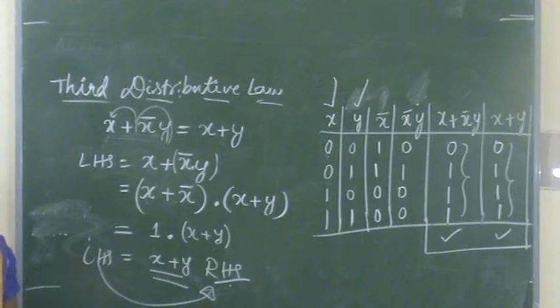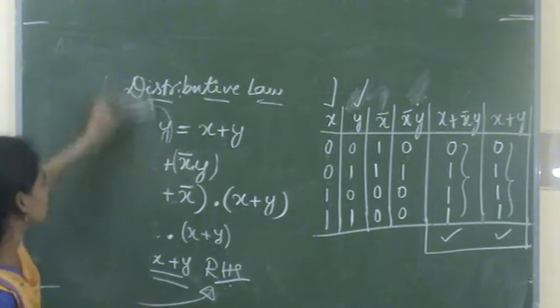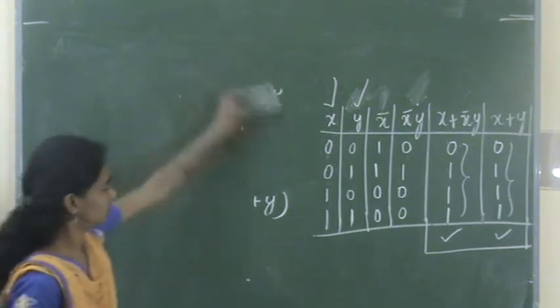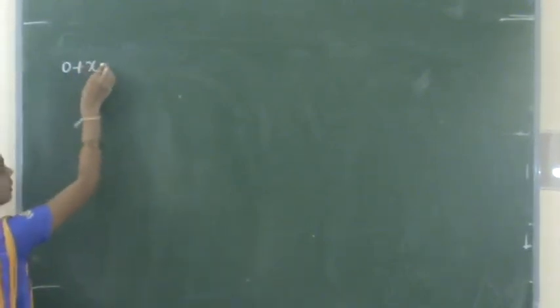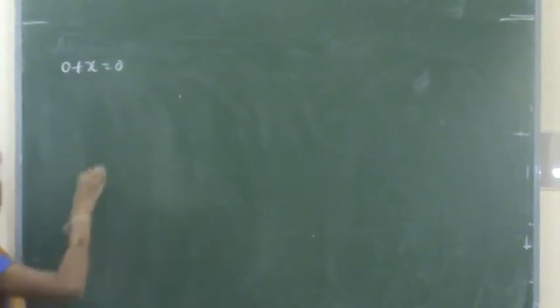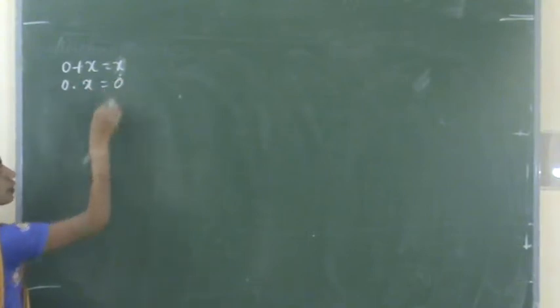So we studied some of the different laws. In that, first we studied the properties of zero, that is 0 plus x is equal to x and 0 into x is equal to 0.